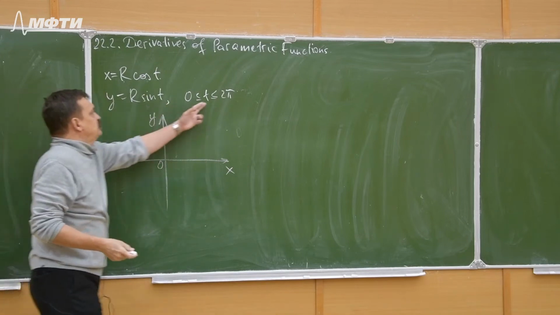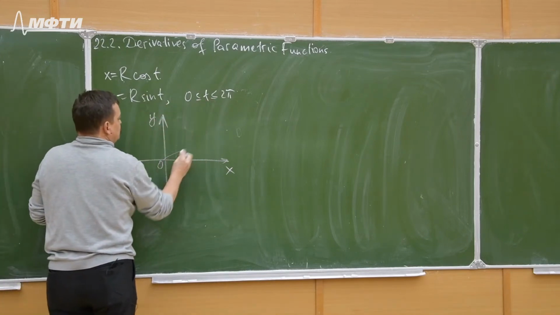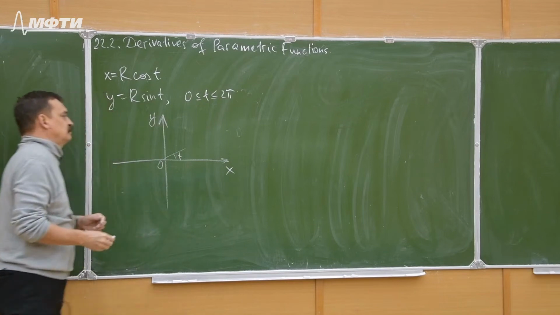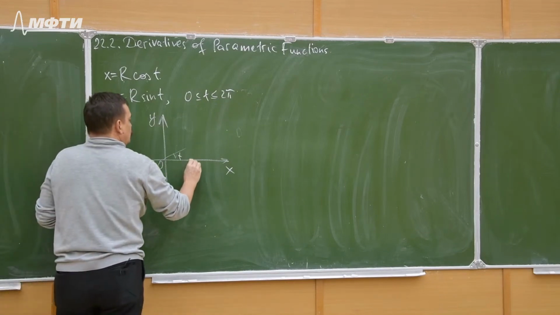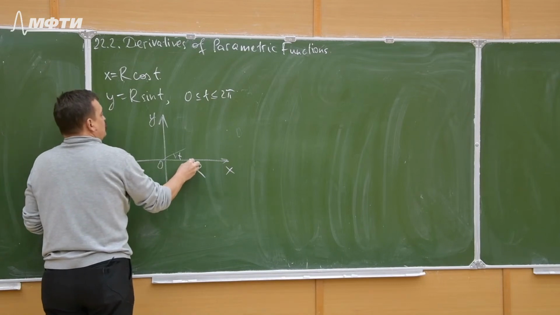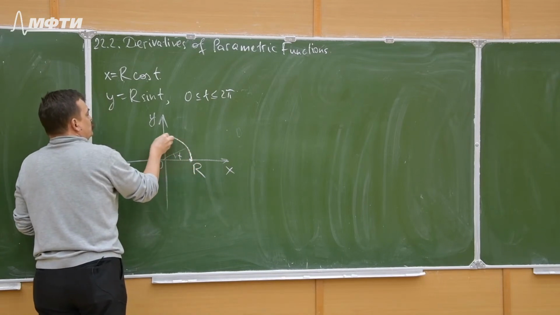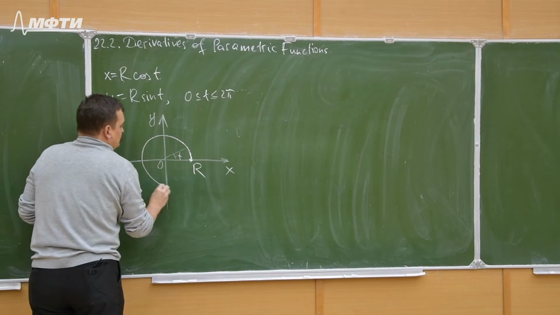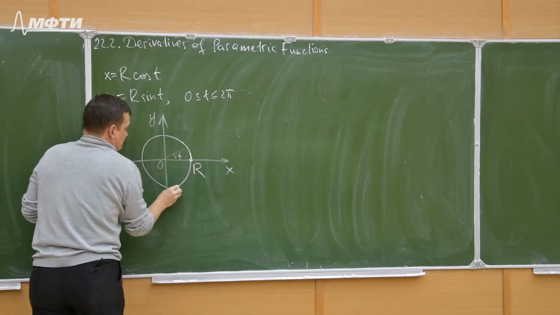If t changes and t represents this angle, then we start from r here and we proceed along a circle of radius r.